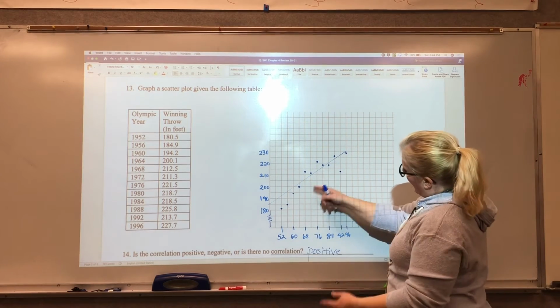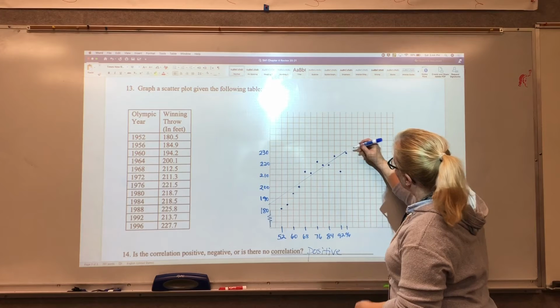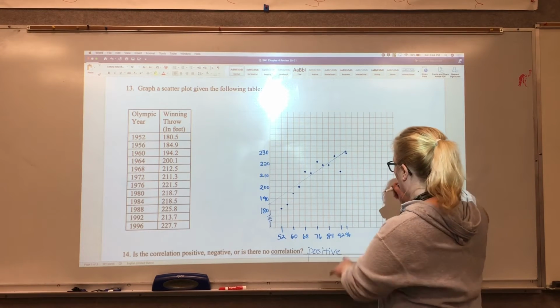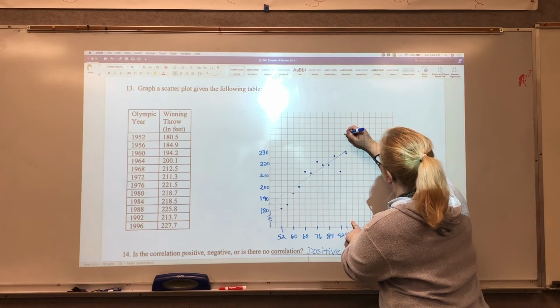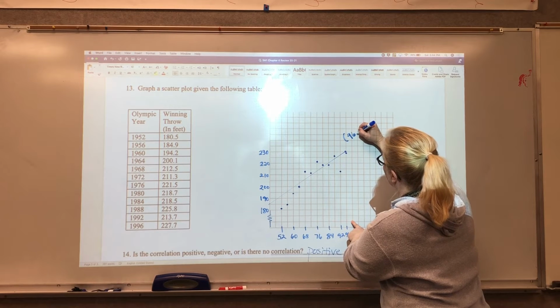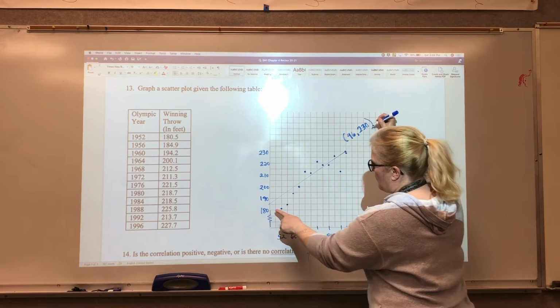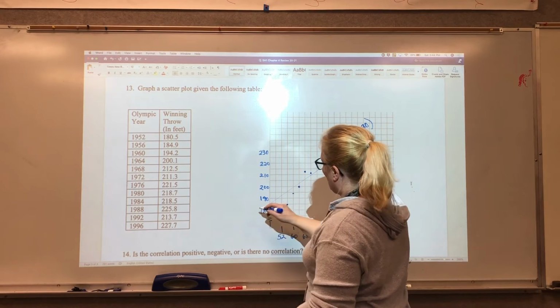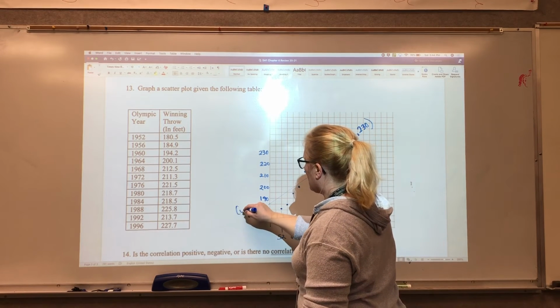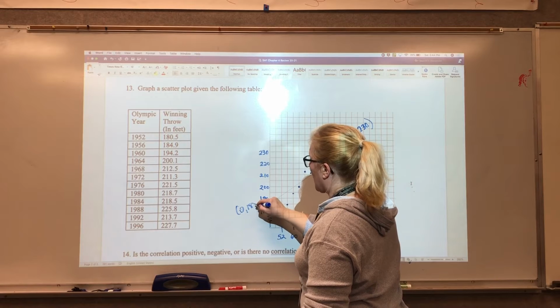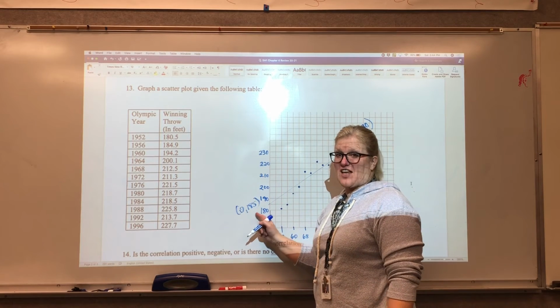Okay, so that kind of looks like it's about in the middle. This point right here is 1996 and 230. This point right here is 0, 185. So this one I picked has a y-intercept.